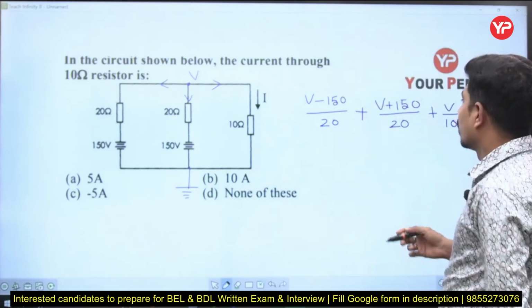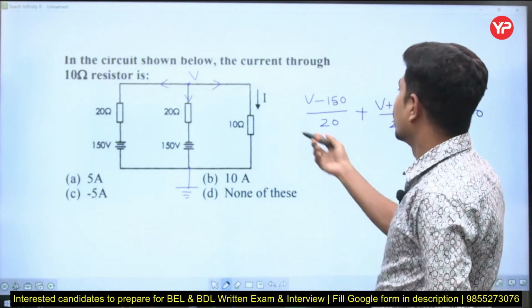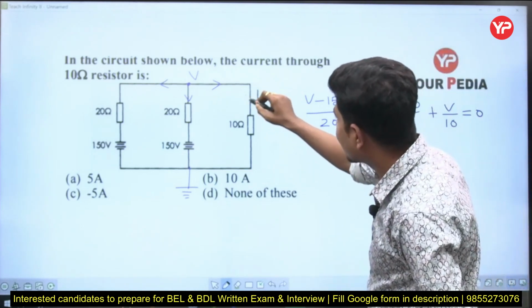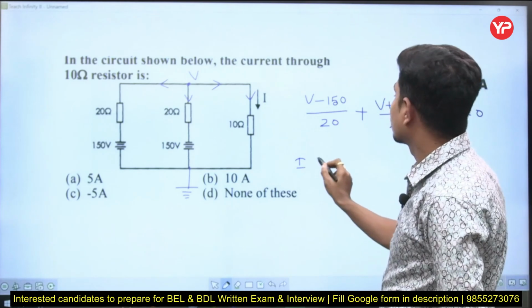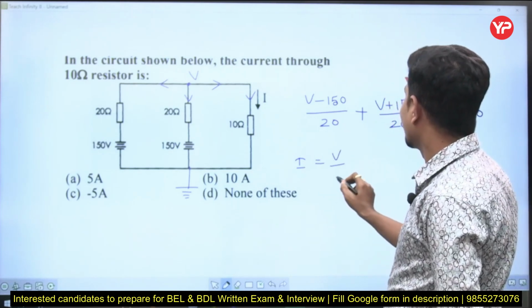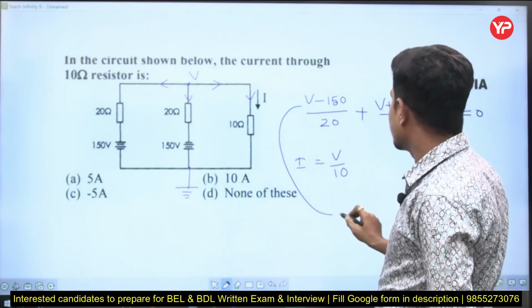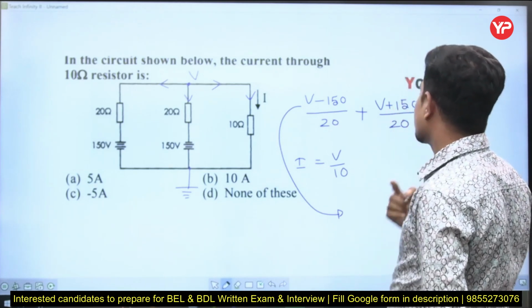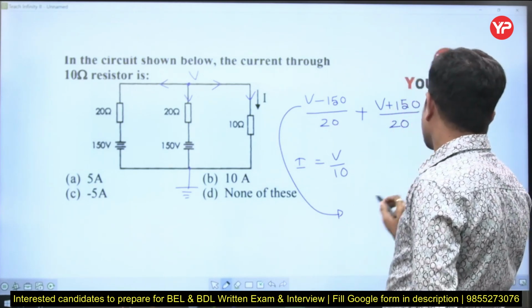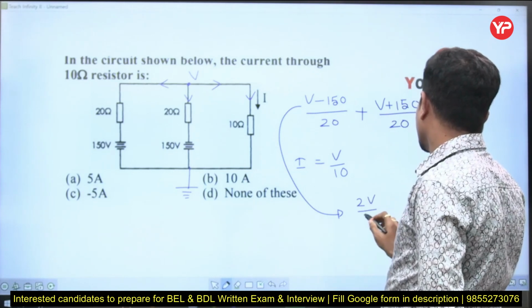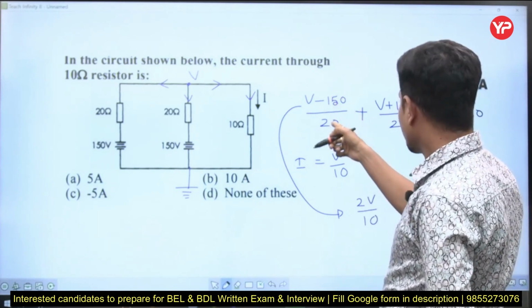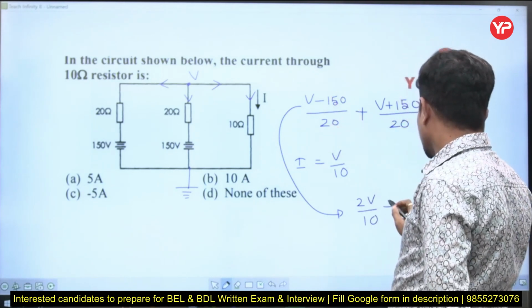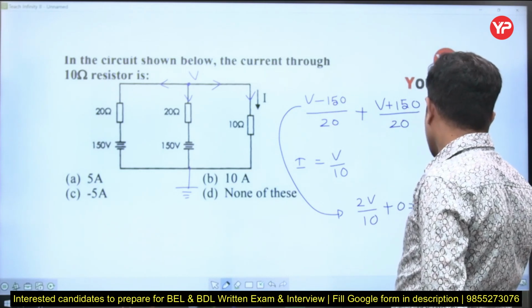Now let's simplify. He's asking for this current I. I is equal to simply V by 10, so solve this equation, get V. V by 20 plus V by 20 is V by 10. V by 10 plus V by 10 is 2V by 10, minus 150 by 20 plus 150 by 20 is 0, equal to 0.